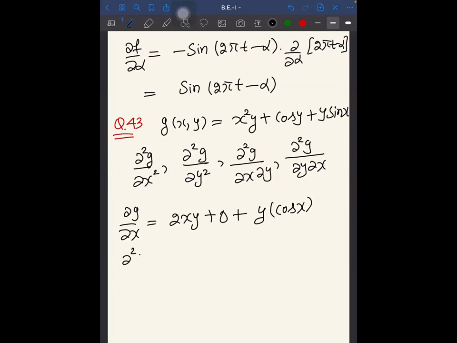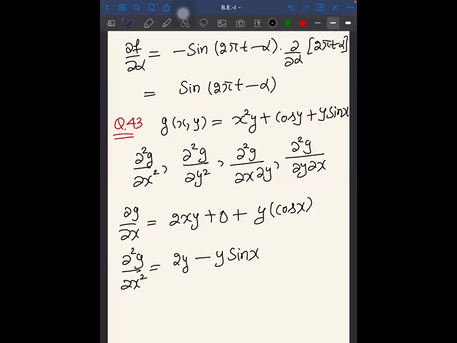So now you can find ∂²g/∂x² as well. So we are left with 2y only, and here minus y sin x. Is it okay? Yes, sir. Keeping y as constant and fixed, and then keep on differentiating with respect to x, right?